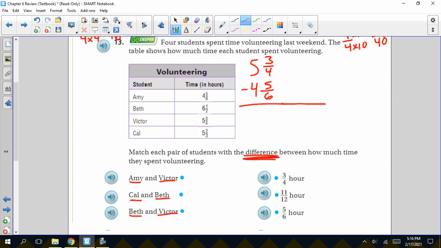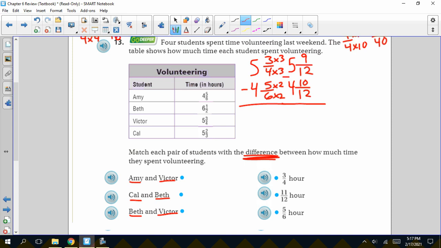If I count by 6s and count by 4s, we know that the common denominator is 12. So we do 4 times 3, and I do 3 times 3, which is 9. I do 6 times 2, so I do 5 times 2, and we get 10. So we have 4 and 10 twelfths and 5 and 9 twelfths.